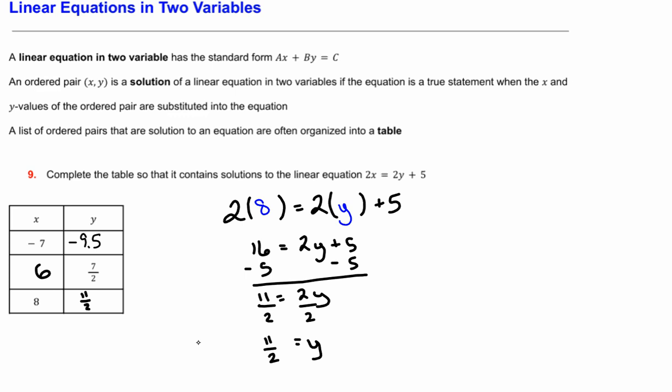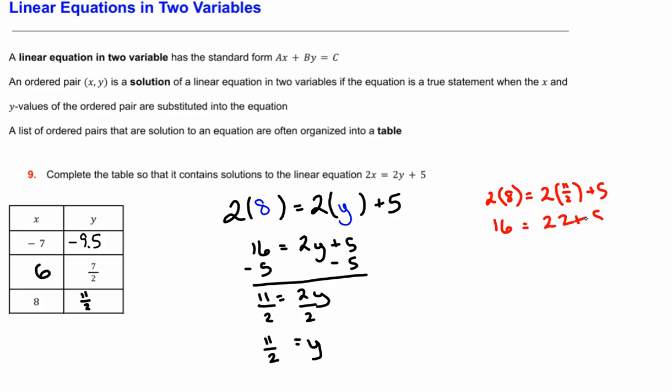We can always verify that by plugging these back in. So 8 and 11/2, if I put them back into my original equation, 2 times 8 equals 2 times 11/2 plus 5. On the left-hand side, this will become 16, and on the right-hand side, 2 times 11/2 is 22/2, or 22. Oh my goodness, I did it again, didn't I?